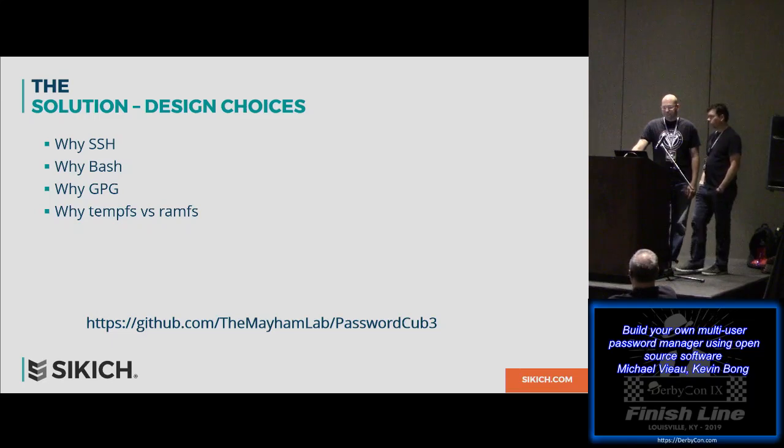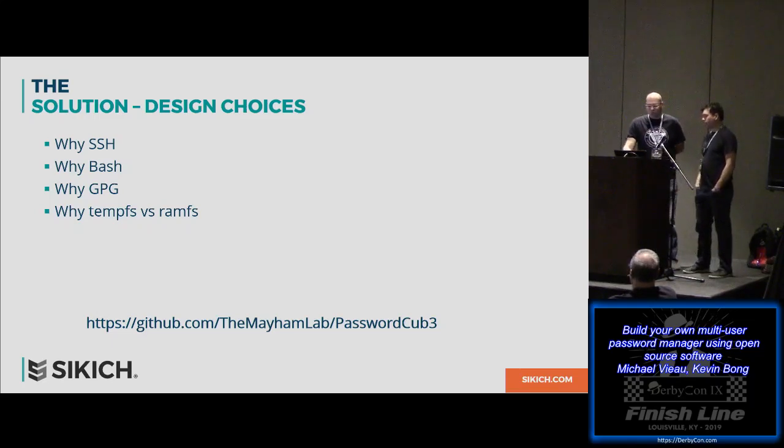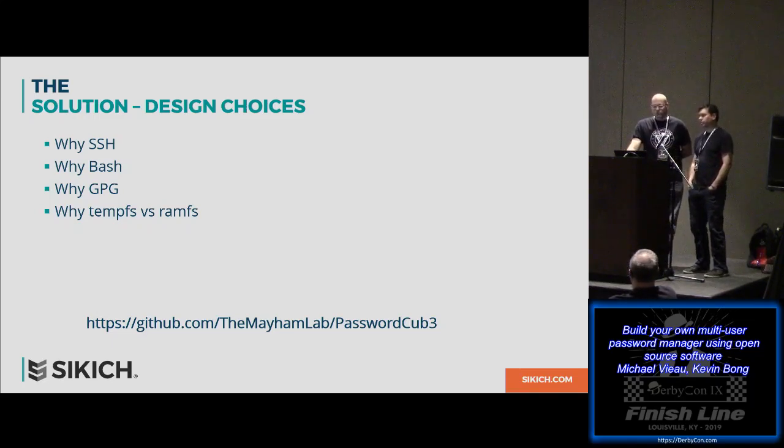Yeah, so we really have two layers of security here. You have to first SSH into the server before you can start to try and look up keys, and then you have to actually authenticate against your GPG key to look up a password. So it seemed much more secure than doing all that decryption on the client side.